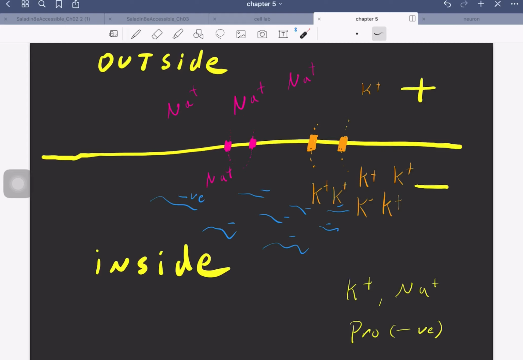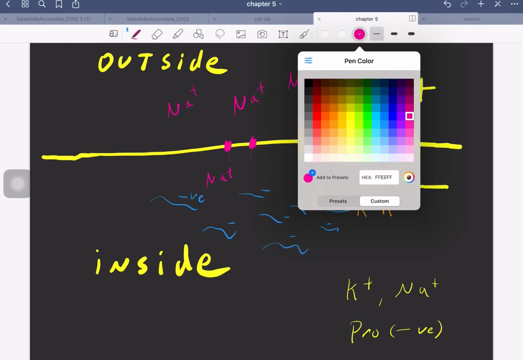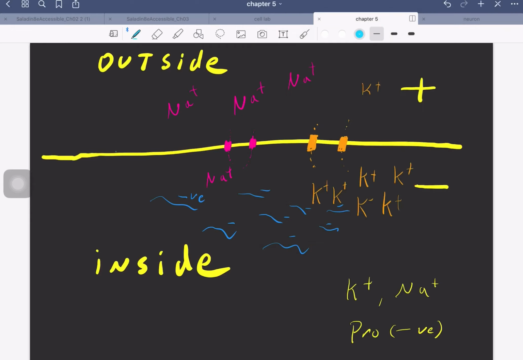Now, there's also the sodium-potassium pump. And we'll put the sodium-potassium pump now on here. And the sodium-potassium pump we've already talked about. And remember, it's a pump, and it requires the use of ATP.